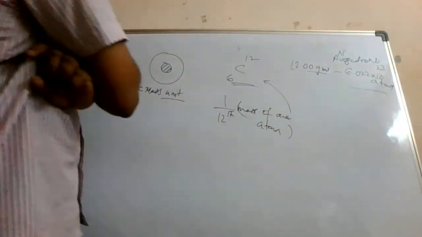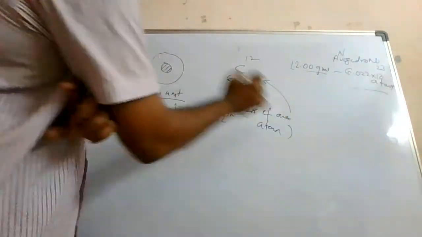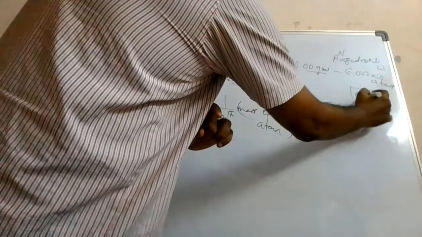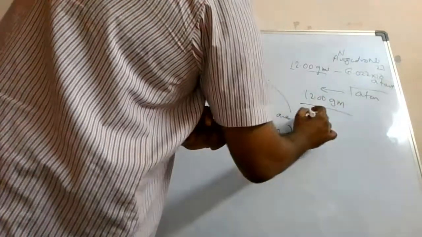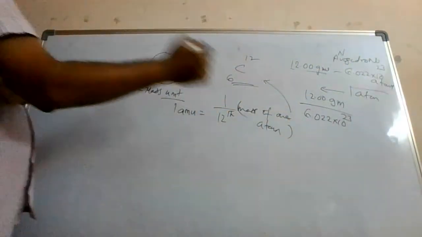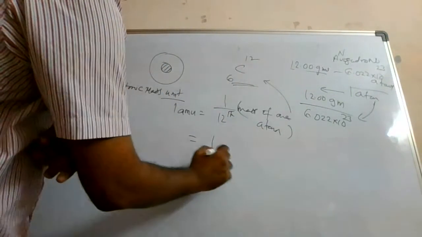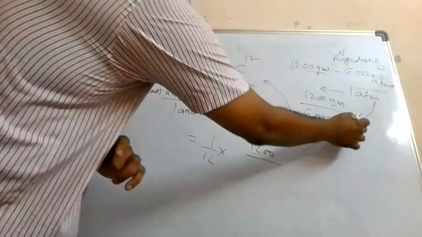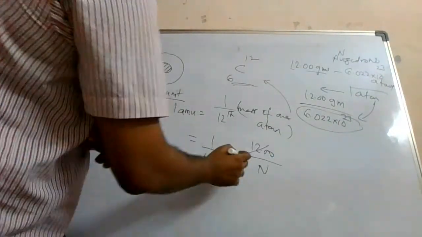Now we have defined one AMU as 1/12 the mass of one carbon isotope atom. So one atom will be how much? It will be 12.00 grams divided by 6.022 into 10 to the power of 23, which is the mass of one atom. So I will write 1/12 into 12.00 divided by N, where N is Avogadro number. 12 and 12 cancel.